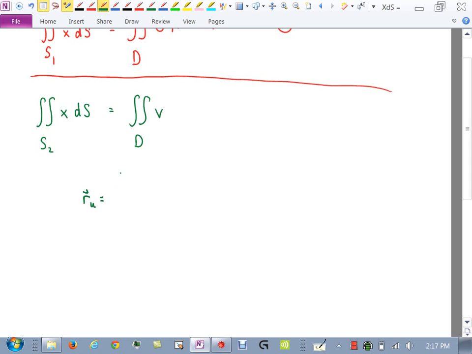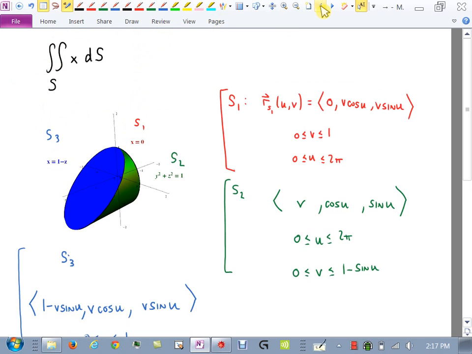What was the partial with respect to u? 0, negative sine u, cosine u?